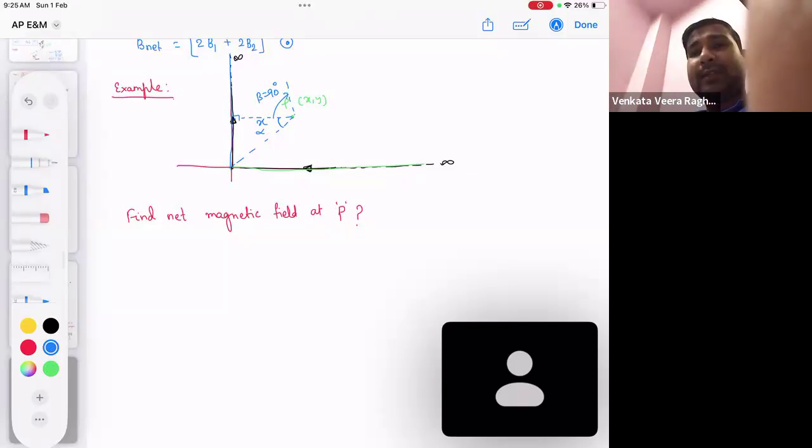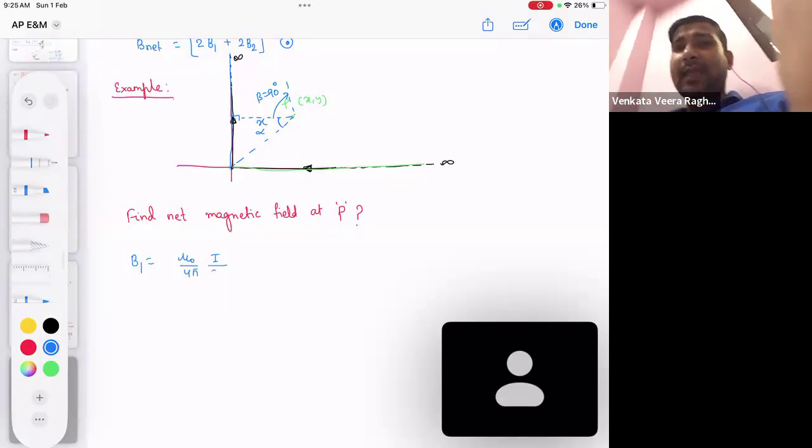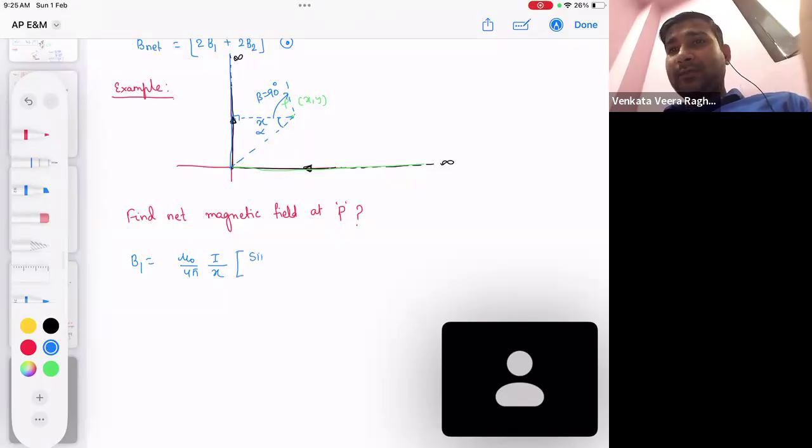Now, if I put in the values and calculate the magnetic field, let's call it B1, the value will come as mu naught by 4 pi, I by the perpendicular distance x, into sine alpha plus sine of the other angle. One angle is 90. The other angle we have to calculate. What is sine alpha going to be?